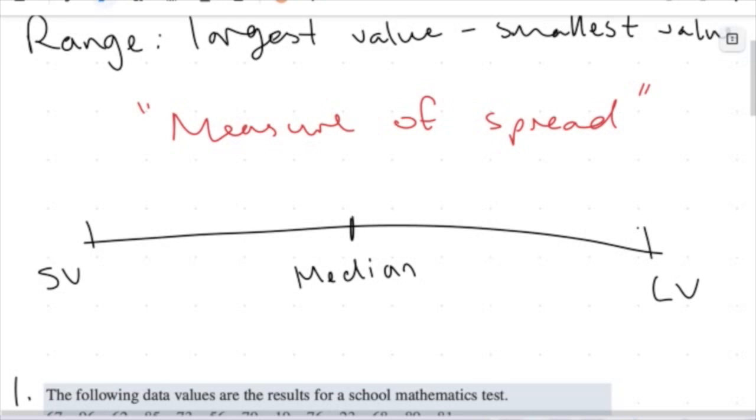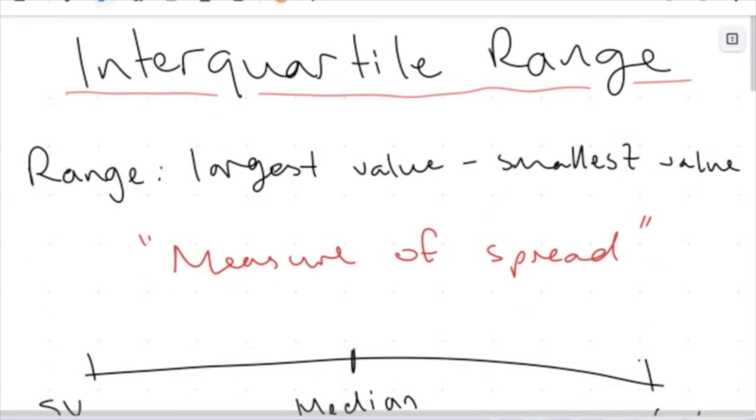Now, when we're looking at interquartile range, have a think of what this part of the word sounds like. Quartile. Now, this to me seems similar to a word we've looked at in maths, and this is a quarter.